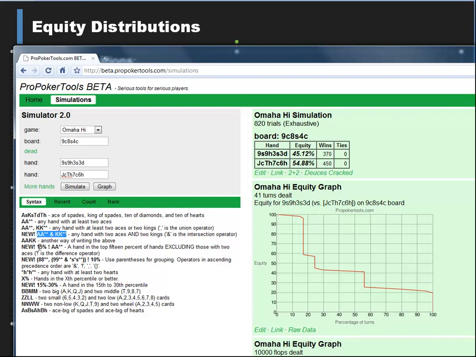You can use a code that says a particular group excluding hands that fall into this small subgroup, and then there's some more combination ways that you can use those tools. But didn't have enough time to get into that today, but it's definitely interesting and important stuff.